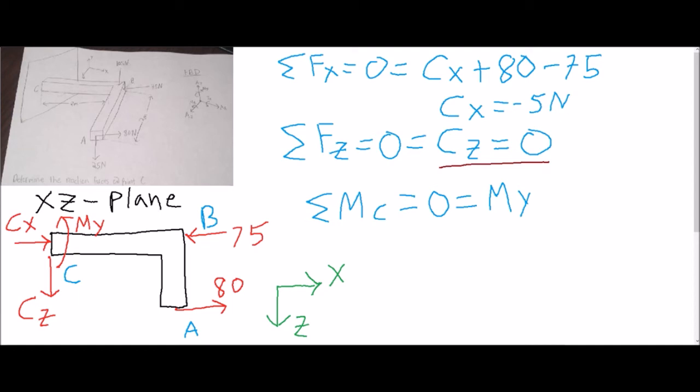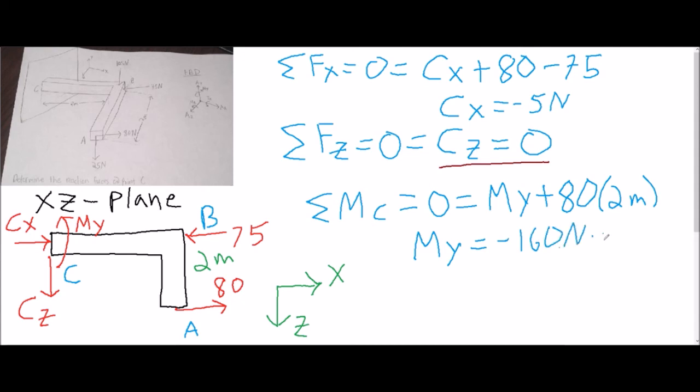So as we said before, counterclockwise is positive. So it's going to be 80 times 2 meters again, based on the drawing. That's the length. So for My, we are going to get negative 160 Newton meters. And that is how you solve for all the reaction forces at point C using the projection approach.